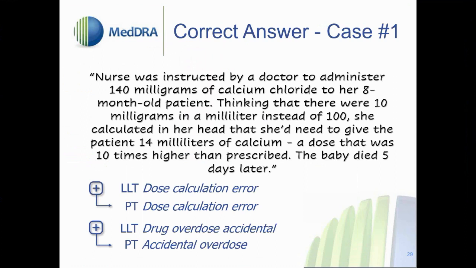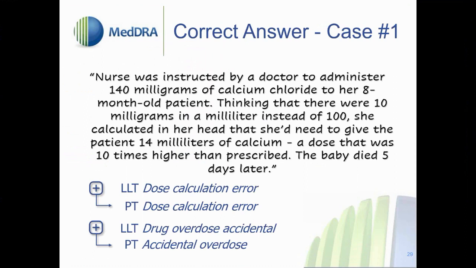The only comment is, why didn't you choose incorrect dose administered? That would be less specific, wouldn't it? It would be less specific. First of all, it would not contain the information that it was accidental. Incorrect dose administered could be a dose that is too low or too high, but here we know it was a 10-fold dose than prescribed, and it was definitely beyond the maximum recommended dose in the label.